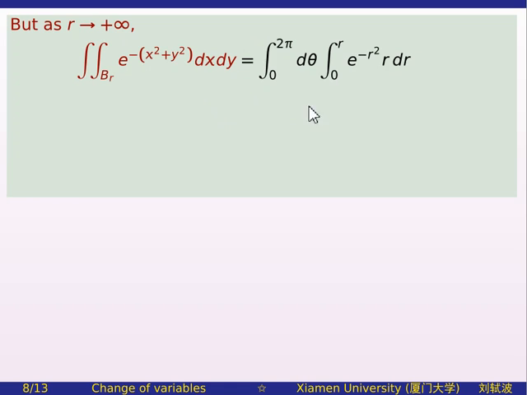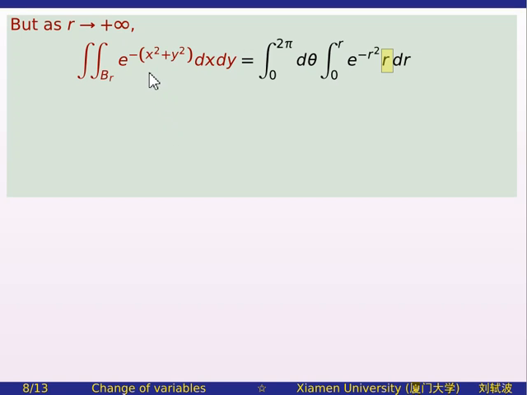Since that integral with respect to r and theta is over a rectangle, the Fubini theorem can be applied: first the integral with respect to r and then theta. For the integrand, this becomes exponential of minus r squared times r. Where does this r come from? This r is the Jacobian determinant.